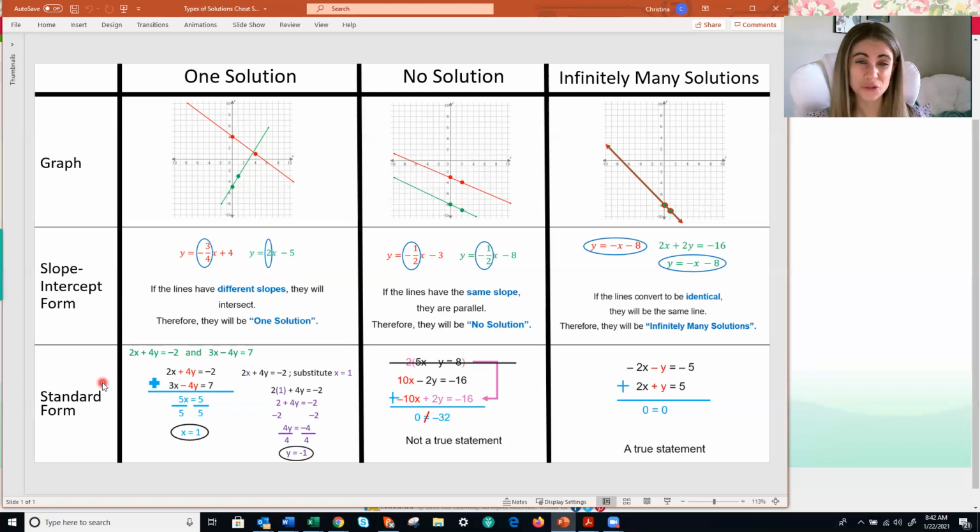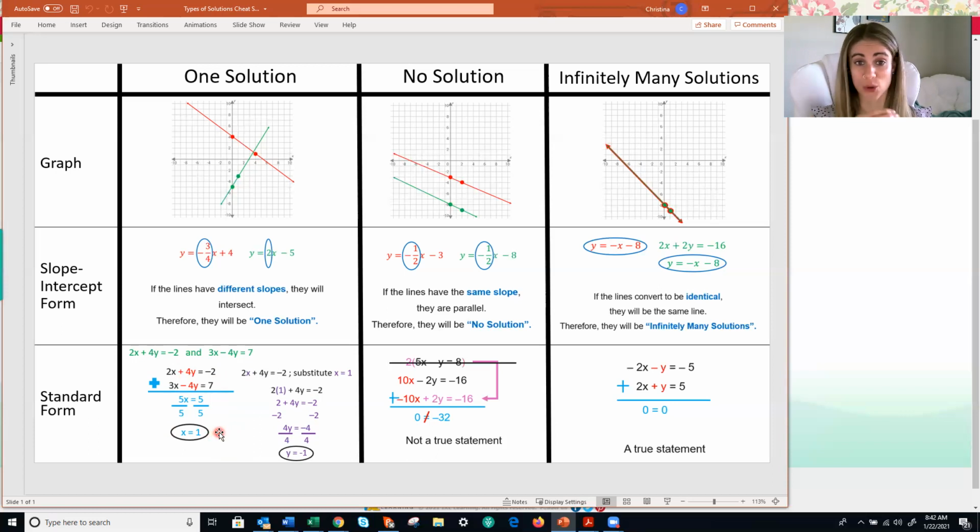Now, if they're in standard form, this is one where you would have to do a little bit of work. So you would have to solve using elimination to discover whether or not they have one solution. This is a problem that we did last week. As you can see here, once you solve by elimination, so our y's eliminate, we add the equations and we find a value for x.